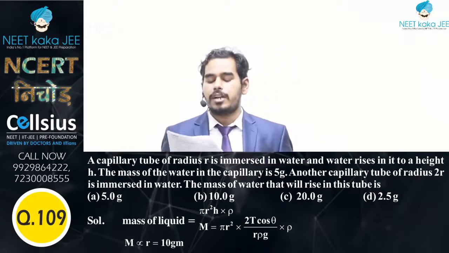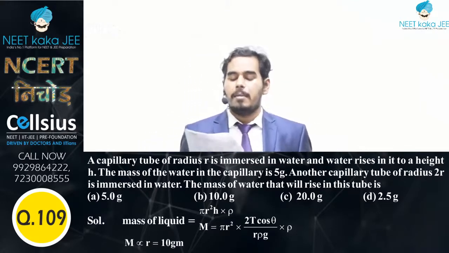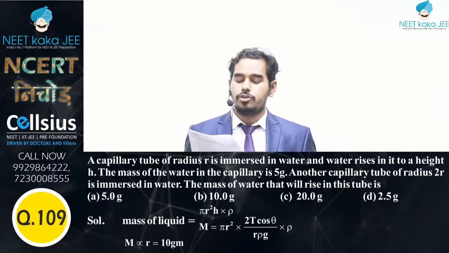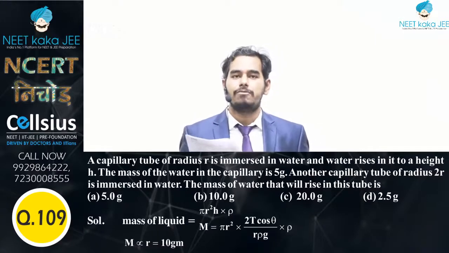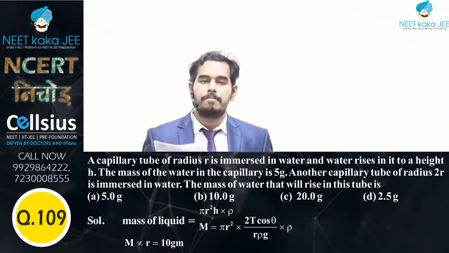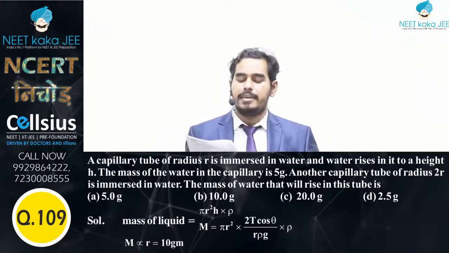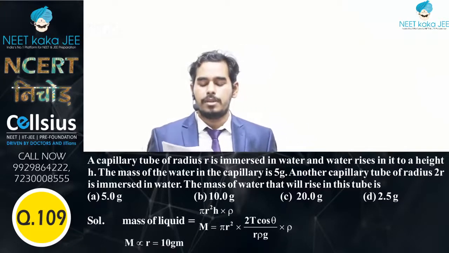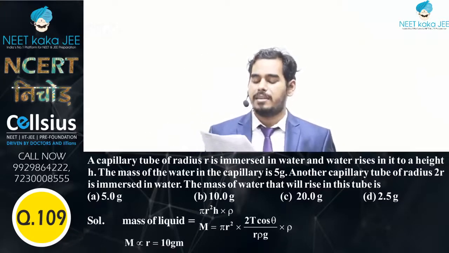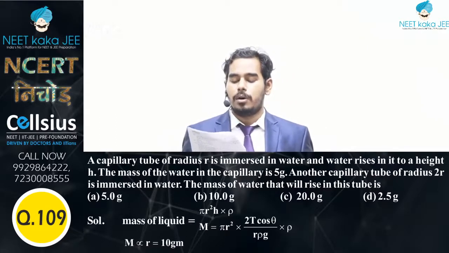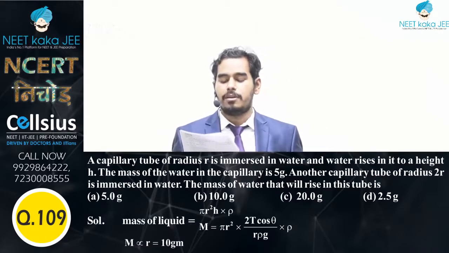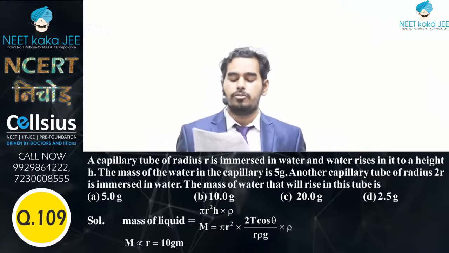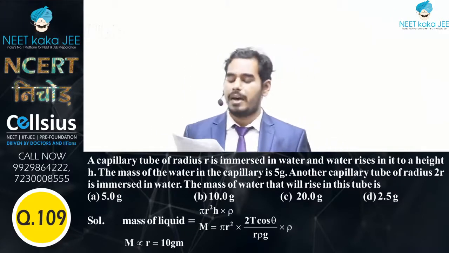First of all, you know that mass of liquid is pi r square h into rho, because pi r square h is basically the volume, and volume into density is equal to mass. So mass is pi r square into rho, and for h you are going to write 2T cos theta upon rho r g.